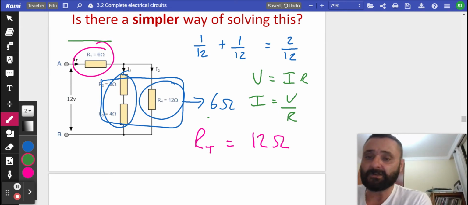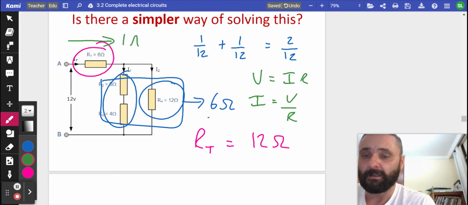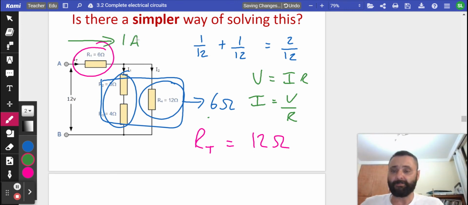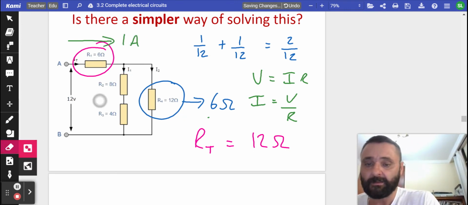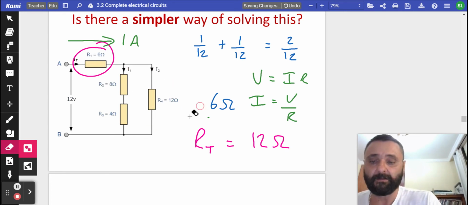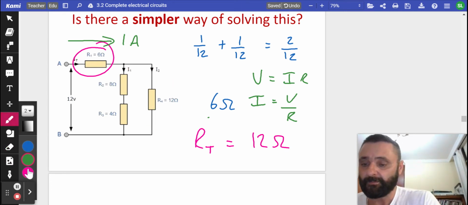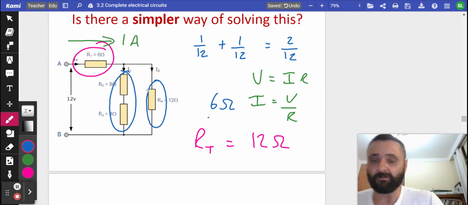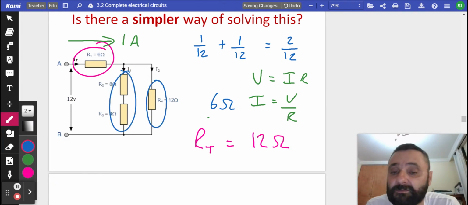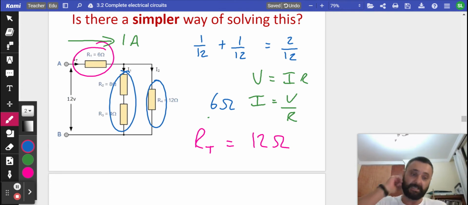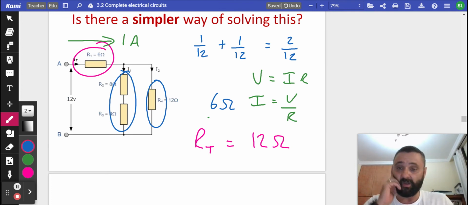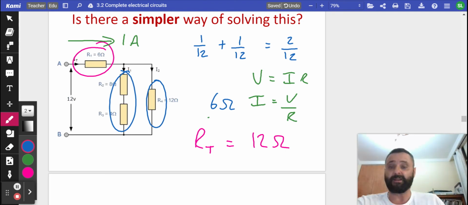So that current there is 1 amp. Because we have 12 volts and 12 ohms and 12 ohms, that 1 amp is going to split equally. So I1 is half an amp, I2 is half an amp.